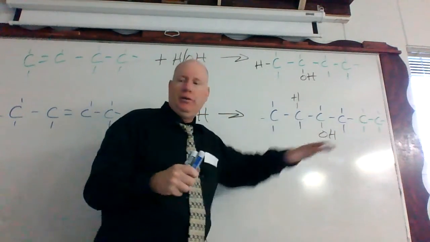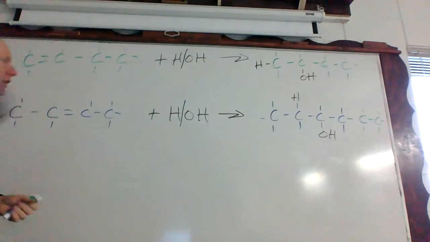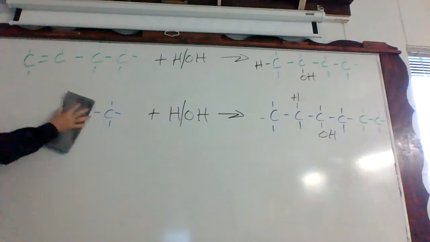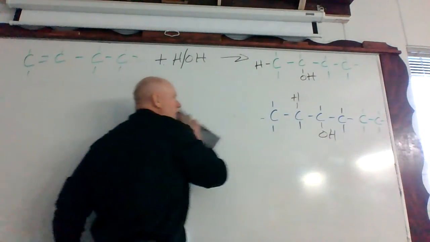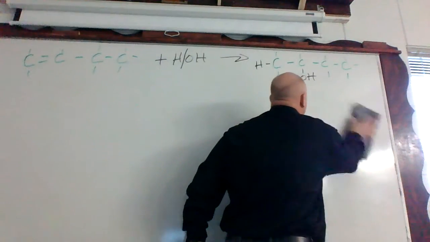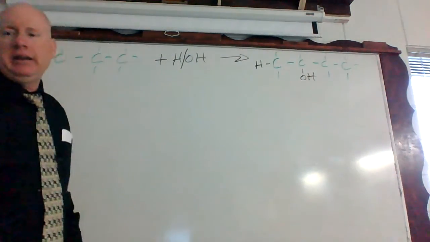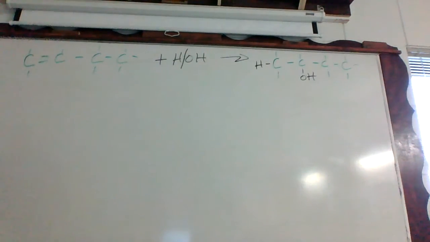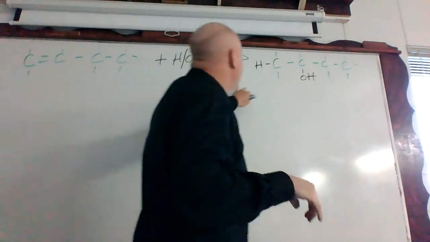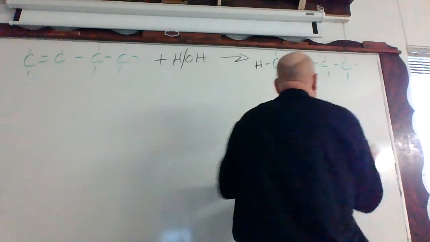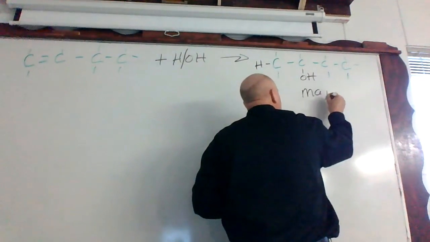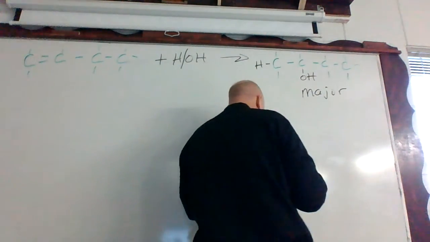So we're going to review this again tomorrow, but the last thing I want to do, okay, is if you remember from last chapter, there were alkanes that underwent reactions that had 2 products. They formed in equal amounts. But what we see here, this is the major product, okay?